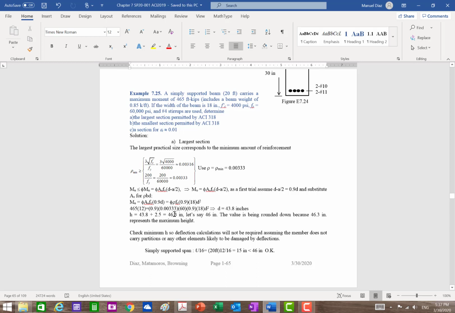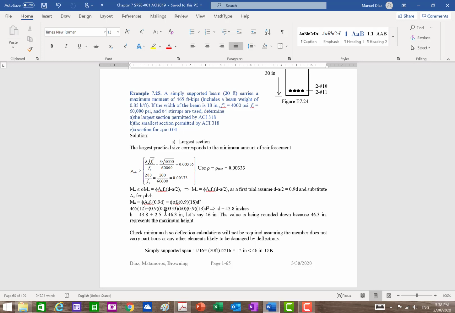Here, you could go to 48, that's fine. I decided to simply use 46. That's just a decision. The other reason for doing that is, remember that 46.3 really is your maximum. If you go to 48, you are exceeding your maximum, and the amount of steel that you're going to put is going to be even less than the minimum.